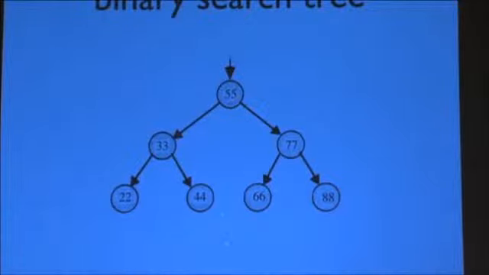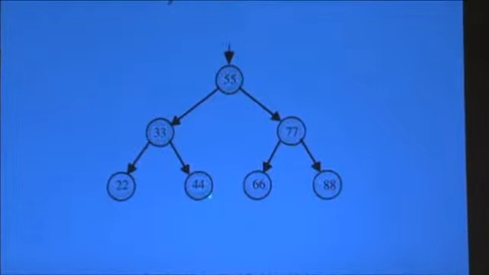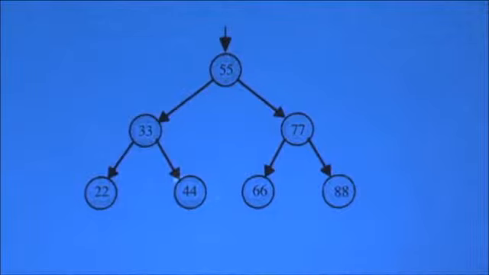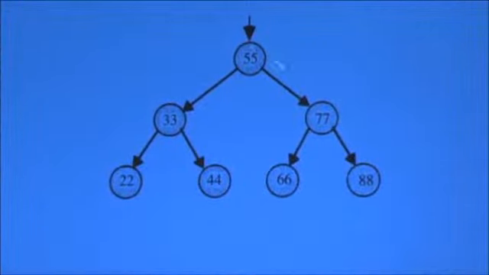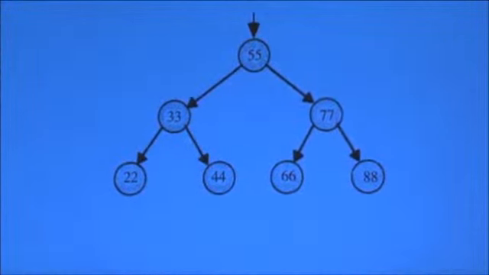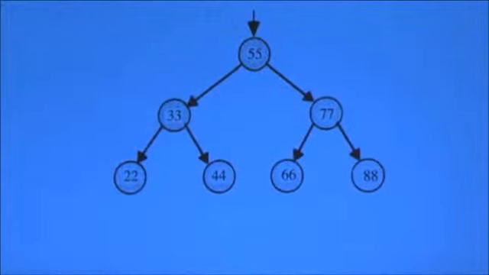But 44 is the right child of 33, so he's bigger than 33. But 44 is smaller than 55 because he is a left child descendant of 55. So anytime you go left, everything to the left of 55 will be smaller. Anything to the right of 55 will be greater. And that same definition can be applied recursively, so to speak, to 33 and 77.